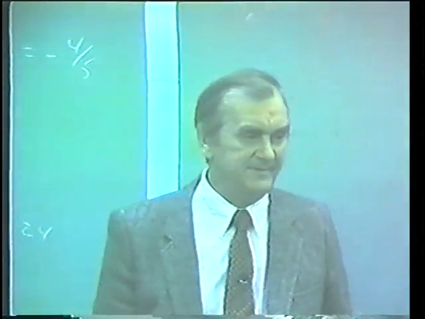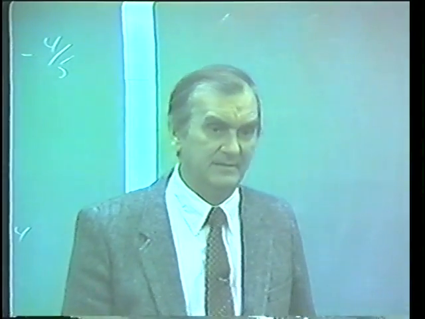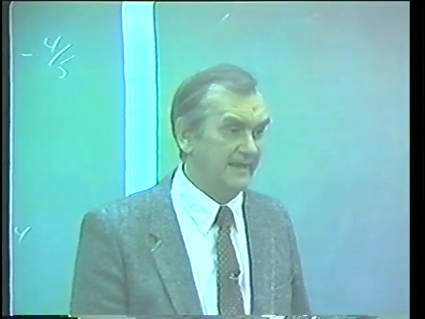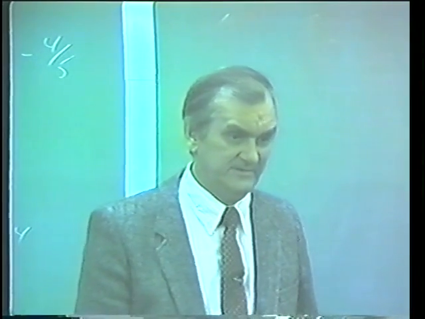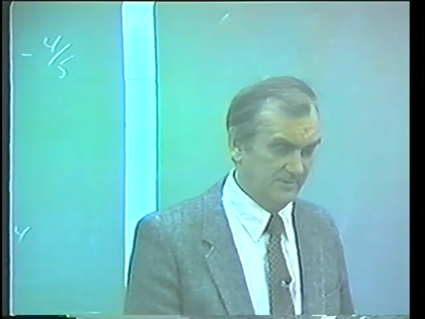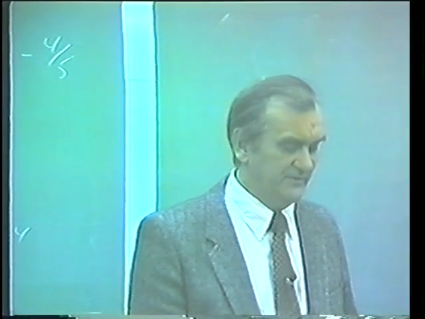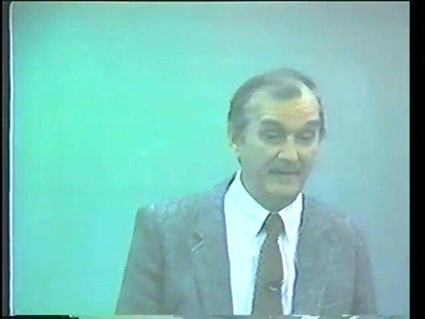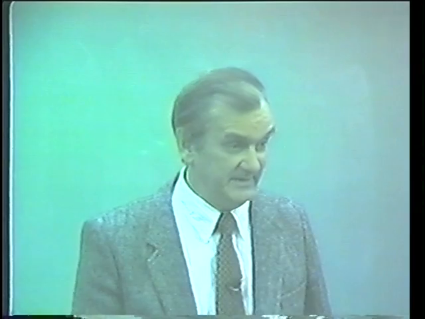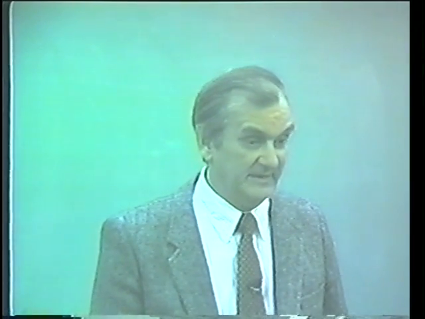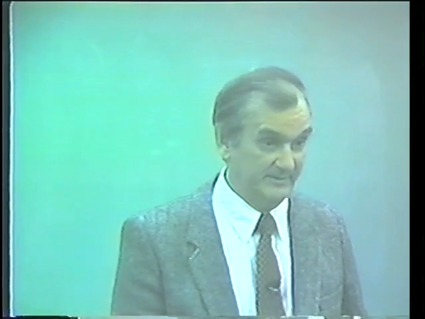We said that perpendicular lines, their slopes would be negative reciprocals of each other. Okay? So if you know the slope of a line, you know the slope of any line parallel to it and perpendicular to it. Remember I gave you a set of problems dealing with parallel and perpendicular. You'll see one again tomorrow.